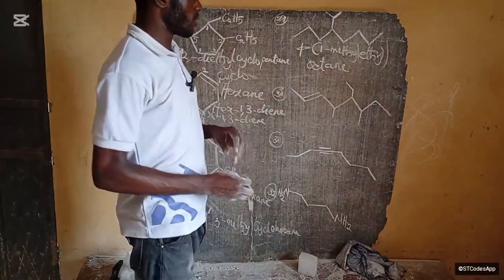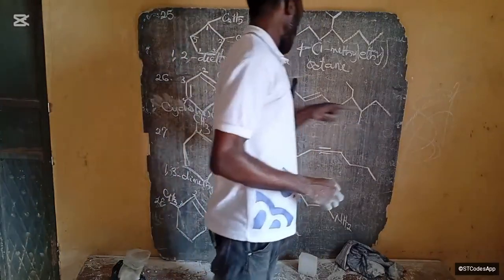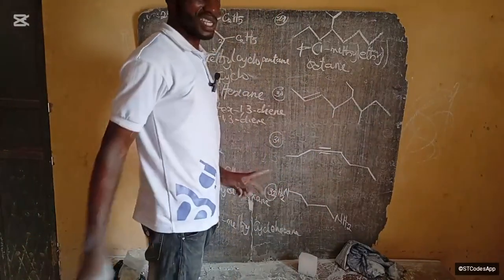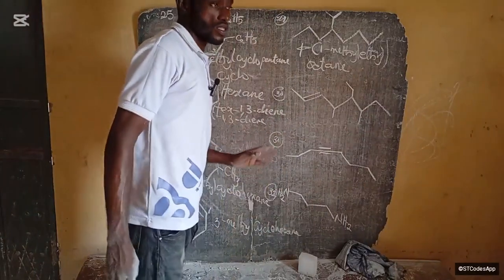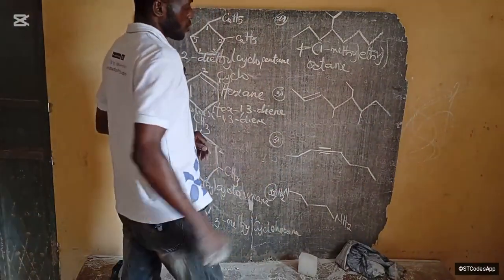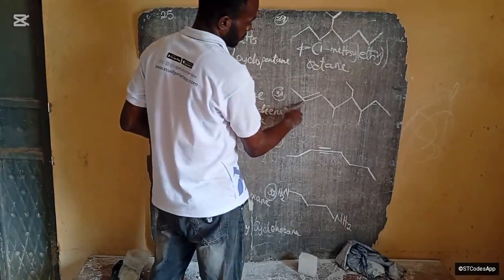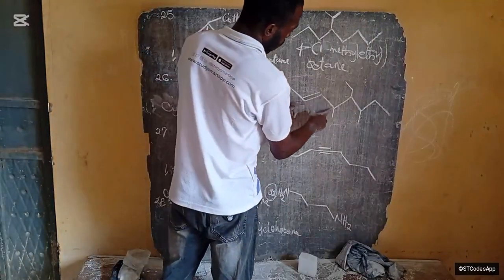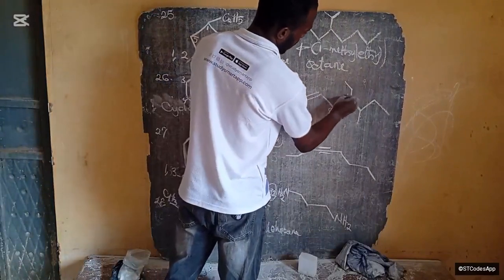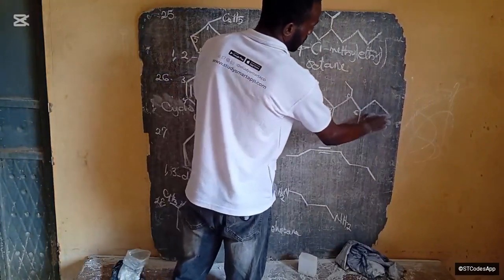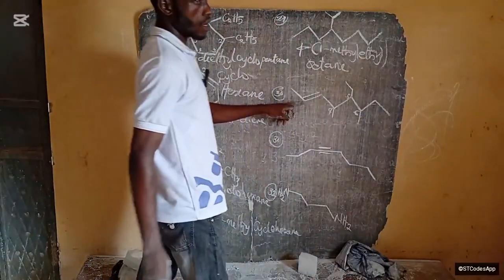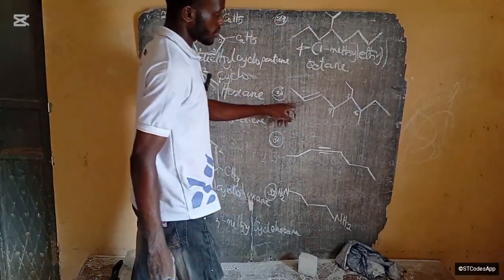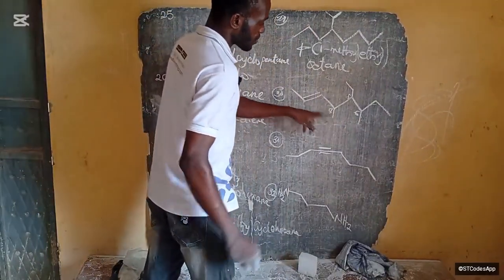Then for this one, we have the number in this direction to give this double bond. Once there's a double bond, your priority is the double bond, as I have said. So we have 1, 2, 3, 4, 5, 6, 7, 8. So we're ending with oct, also octene. So this becomes 4.